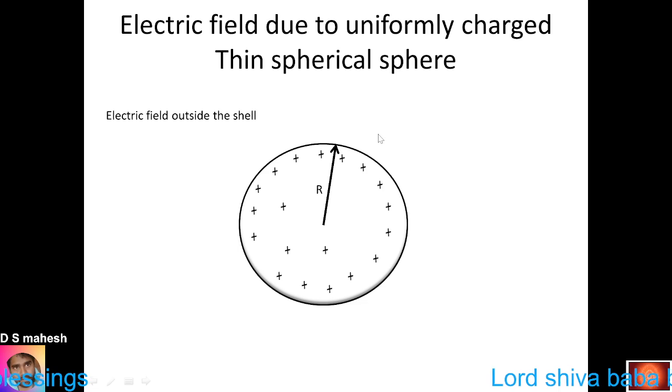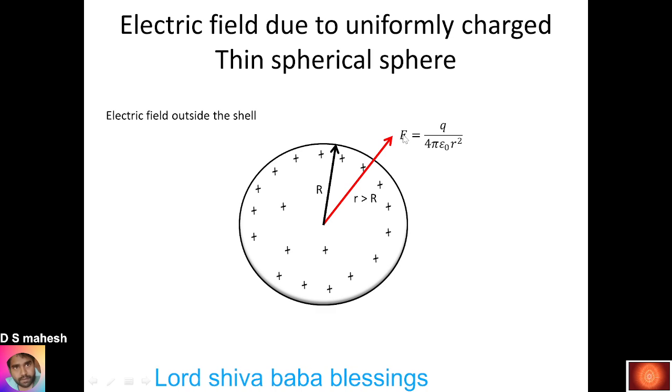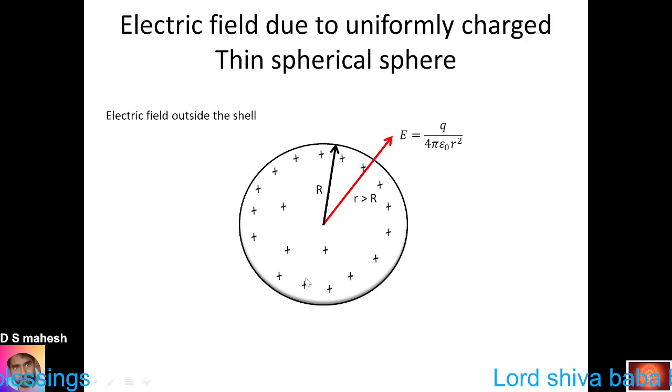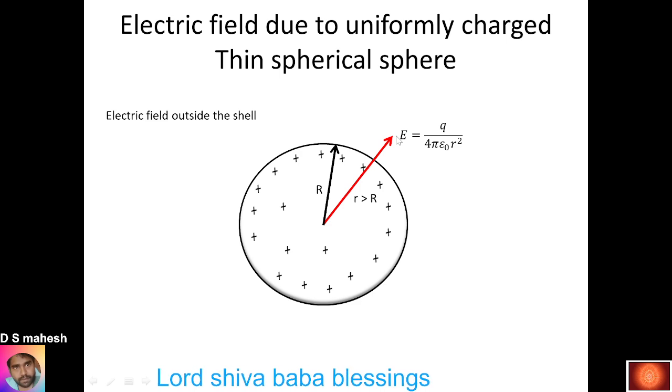If we consider the electric field outside the shell, that is the distance is greater than the radius of this sphere, then the electric field intensity is given by q divided by 4 pi epsilon into r, where q is the total charge which is present over the surface, and r is the distance from the center to the point where we are trying to find the electric field.